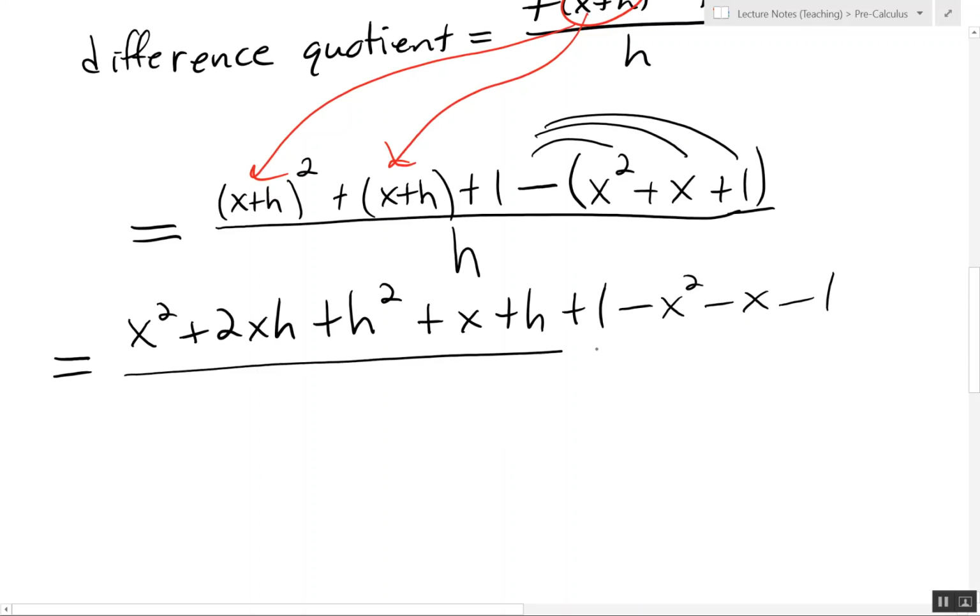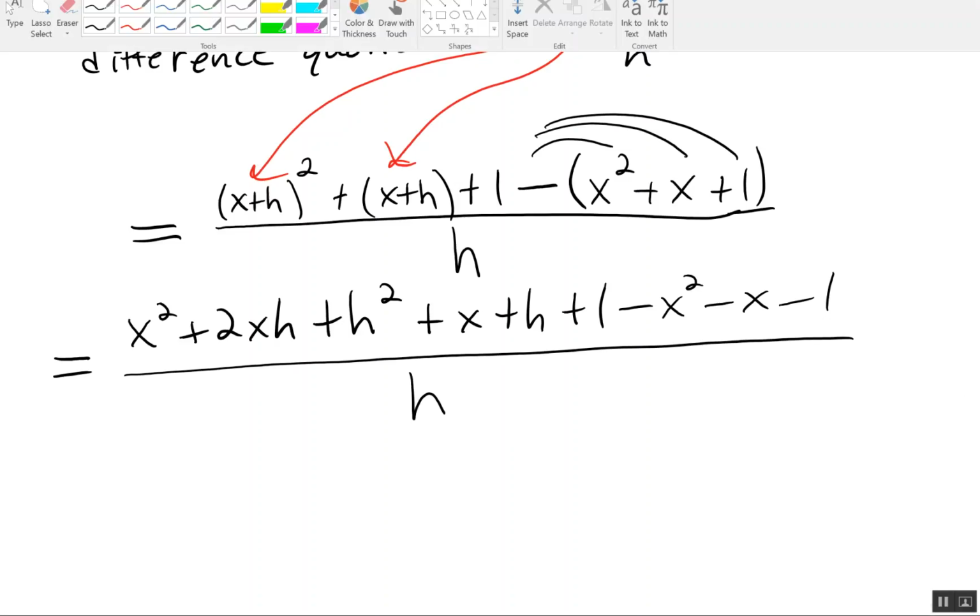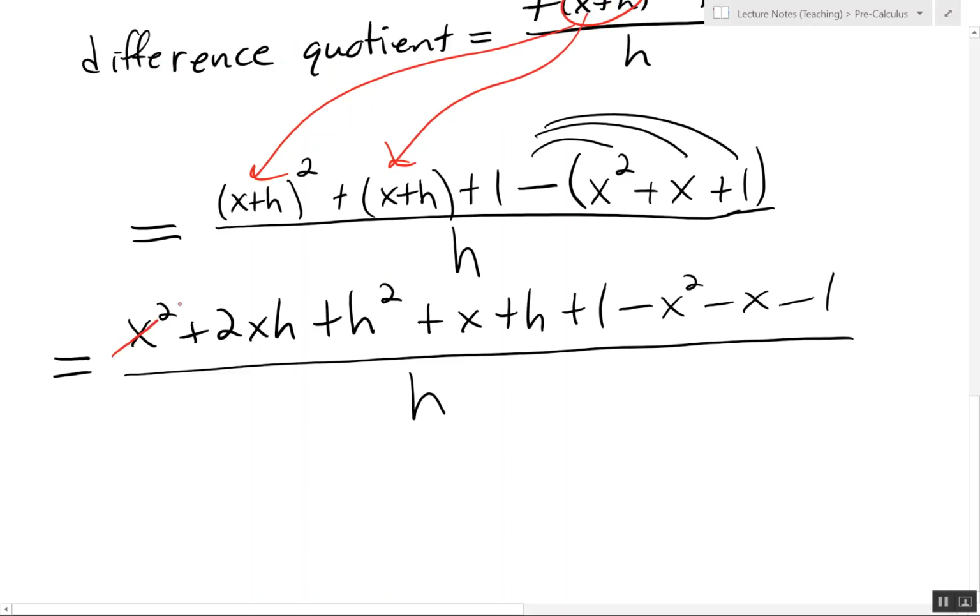And that's going to be all divided by h. And notice something really interesting happens here. Let me change colors. This x squared cancels with that x squared. This x cancels with that x, and this one cancels with this one.